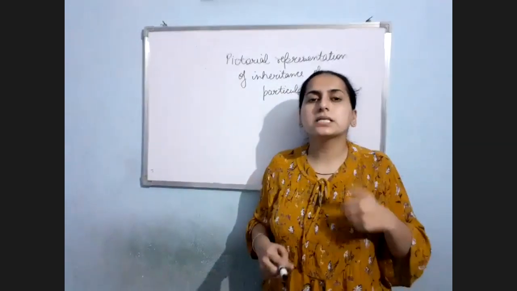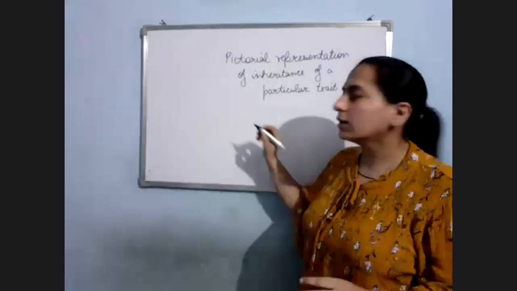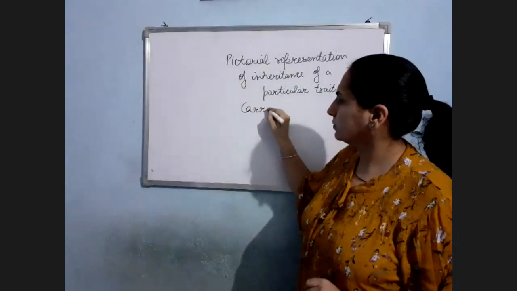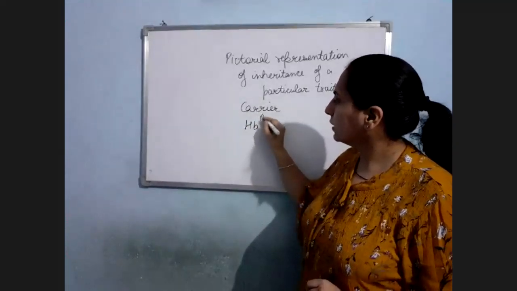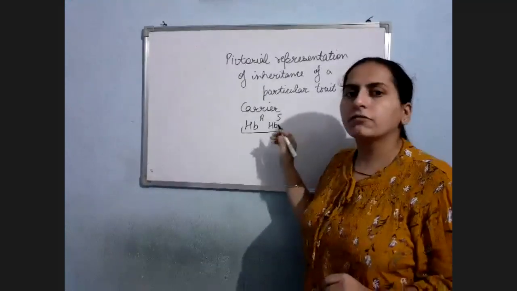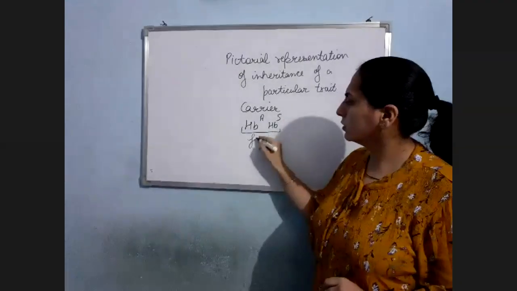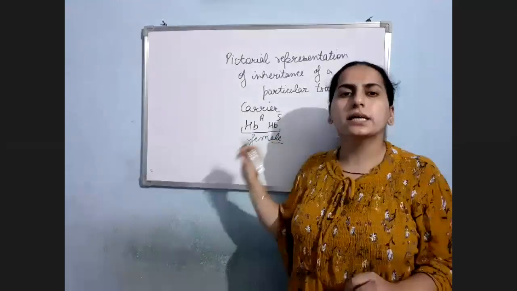Now, how is this useful? Suppose here I am having a carrier, HBA HBS. This is a female, suppose, and she is a carrier of sickle cell anemia.